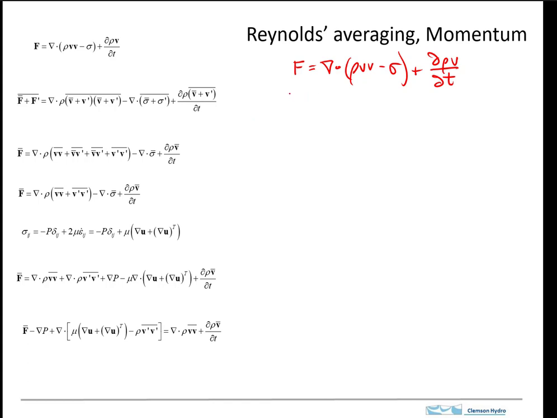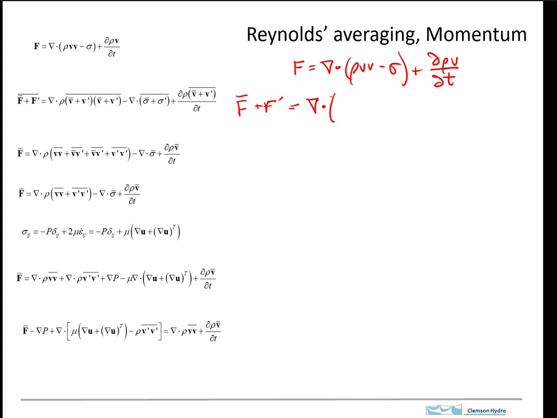All right, so now we do the same thing that we did before, where we've got fluctuations and averages. So the body force is going to be the average plus the fluctuation. And then we've got the divergence of the flux.